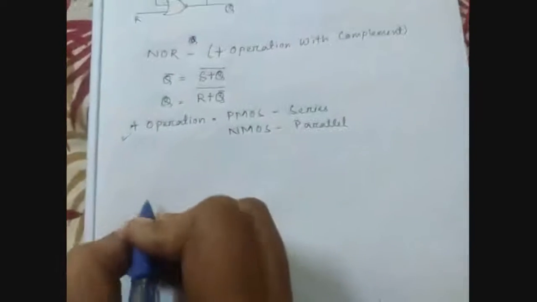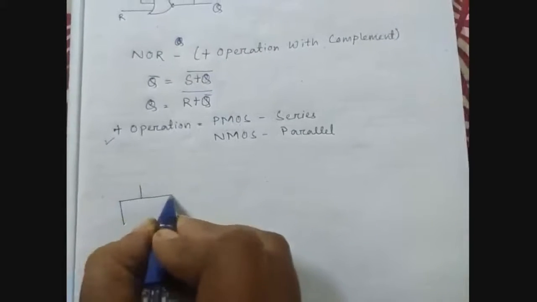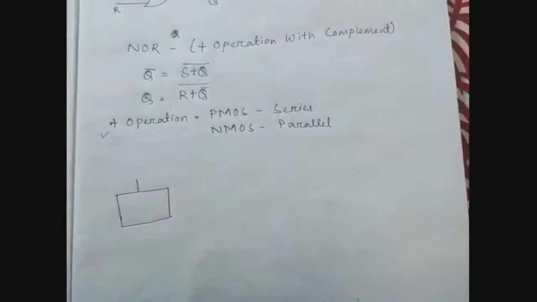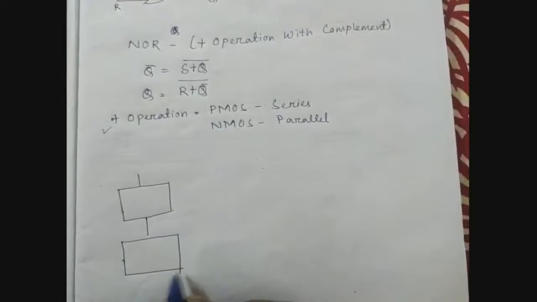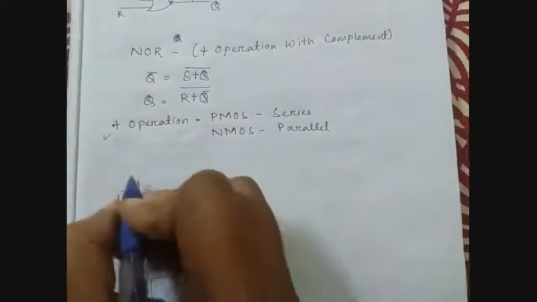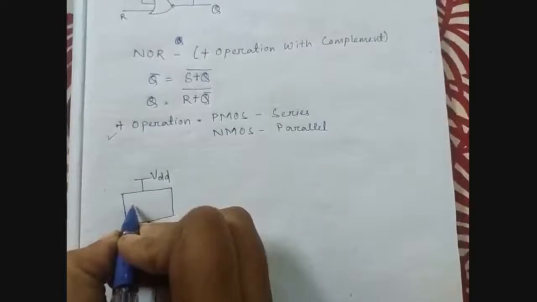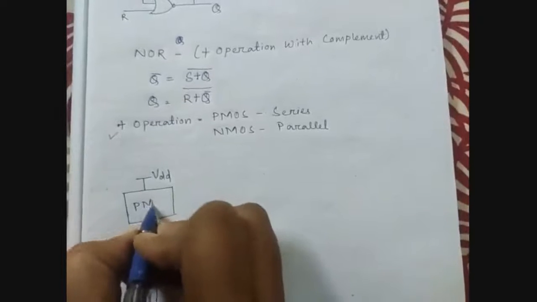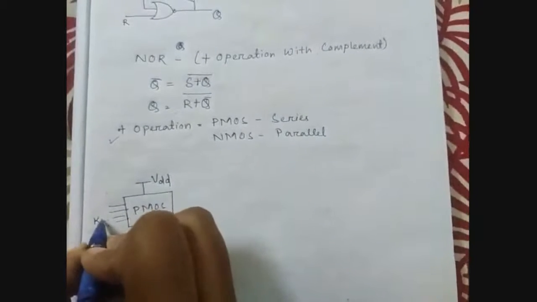So the basic structure of CMOS logic is VDD. This one is the pull-up network, consisting of PMOS, K numbers of inputs.